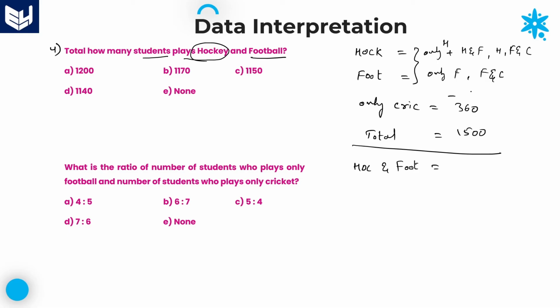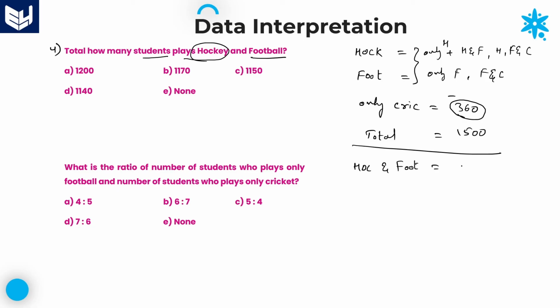But instead of taking all these five values, it is better to take only one value. If you subtract only cricket, 360, from the total number of students, 1500, what is the resultant answer?